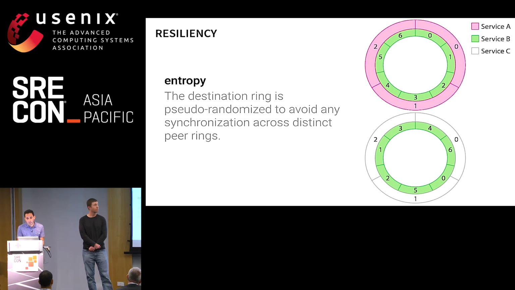Another common failure mode that we try to avoid is thundering herd. We do so by pseudo-randomizing the view of the destination ring for each peer ring to avoid any synchronization.